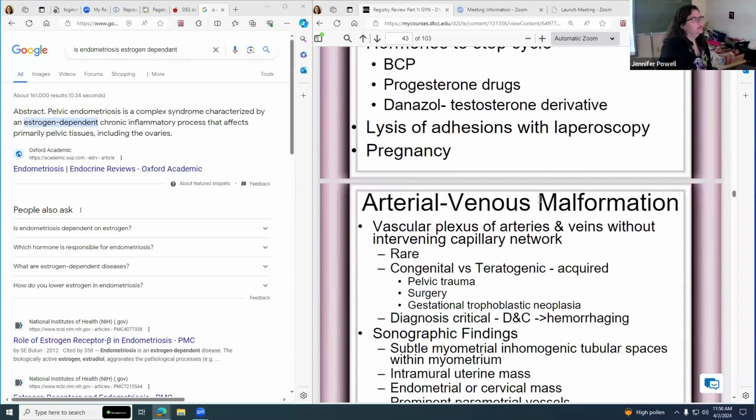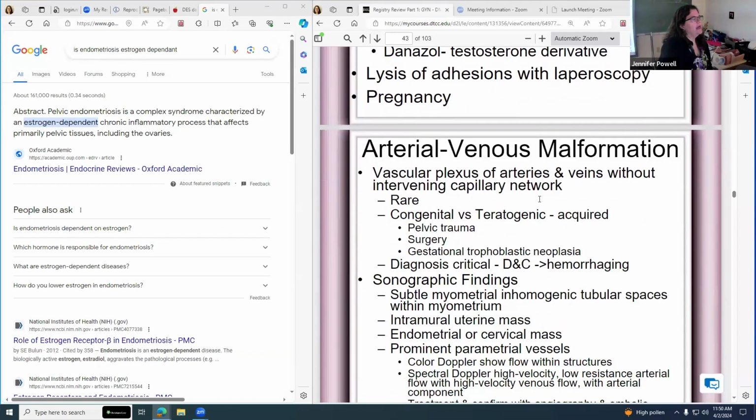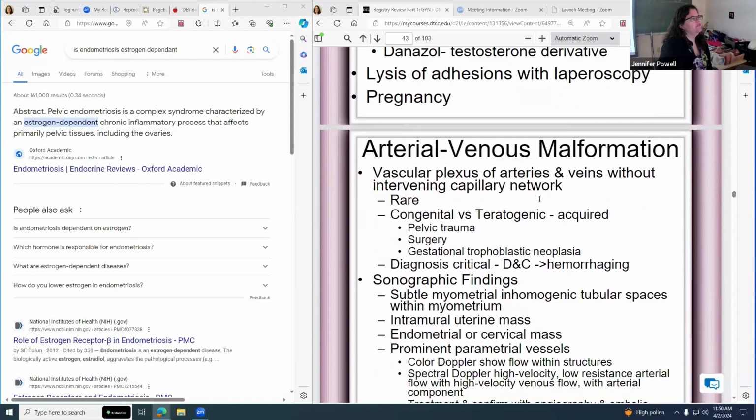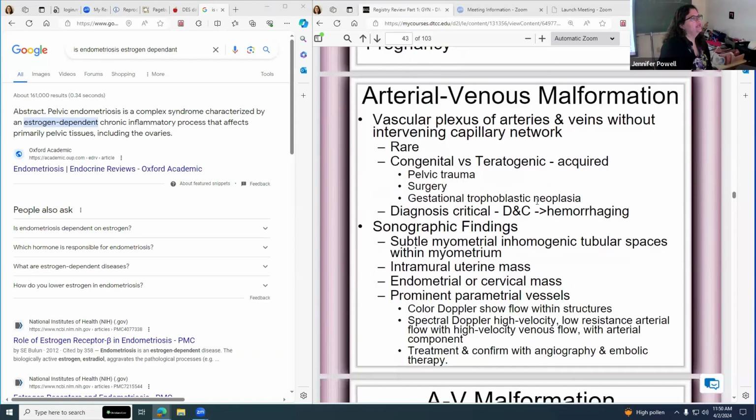Okay. AV malformations, vascular plexus of arteries and veins without intervening capillary network. It is rare. It can be congenital versus teratogenic, which means it was acquired, I believe, usually by some sort of trauma, perhaps by medical intervention, right, surgery.